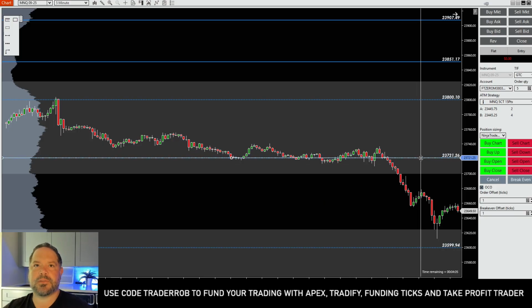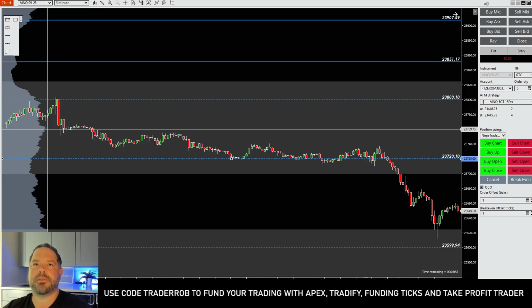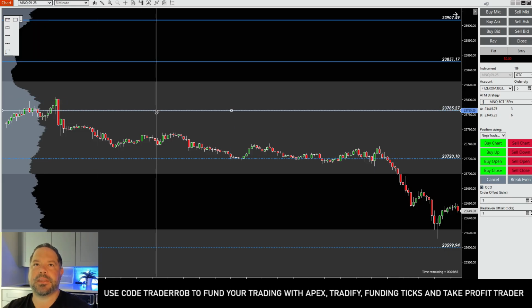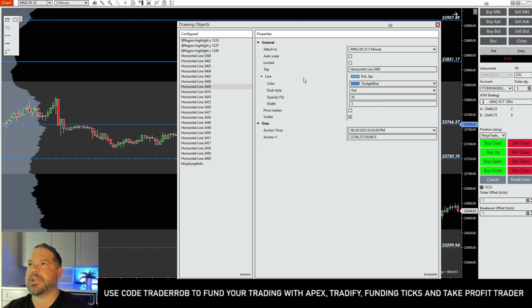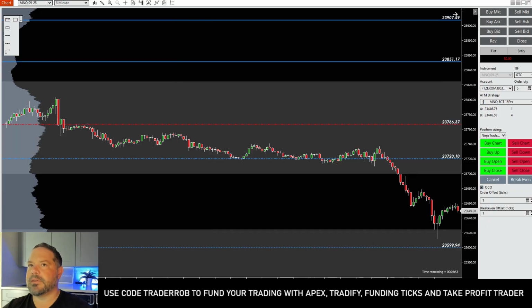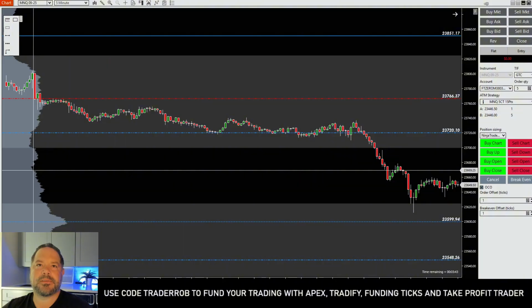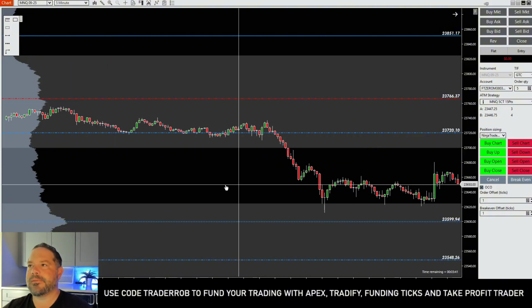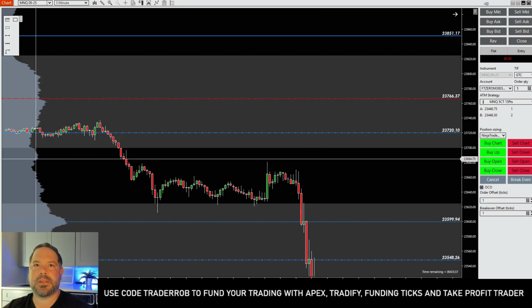Probably move this down just a little bit, right around there. Increasing volume, got a ledge right there. That would be a decent stop loss. And then as far as a take profit, big move to the downside right there.